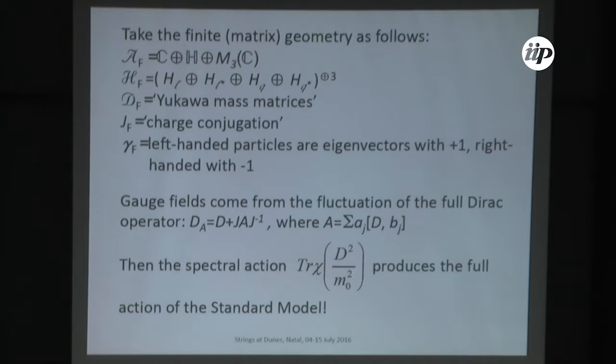Once again, because this is not the topic of my talk, this is finite geometry. You see, this finite geometry more or less reflects your gauge symmetry, right? U1 cross SU2 cross SU3.